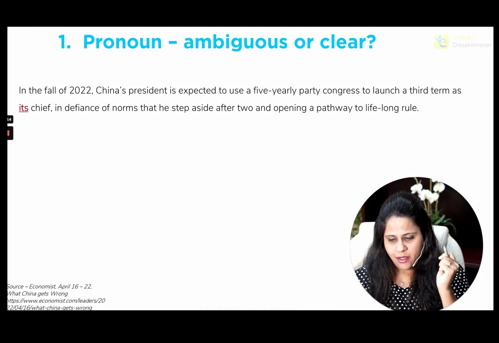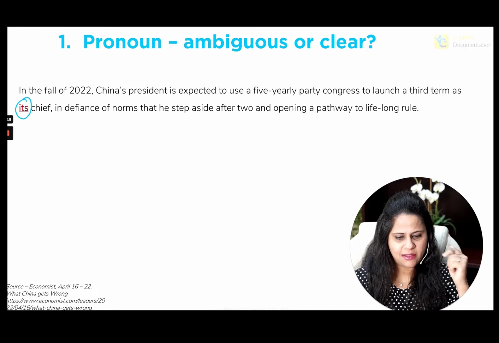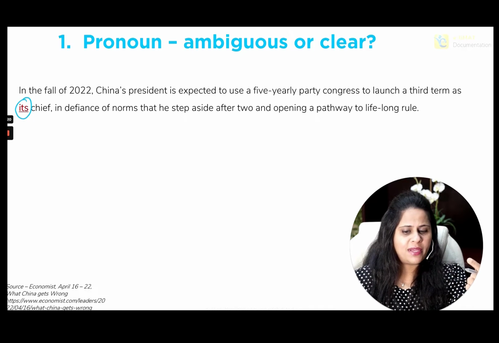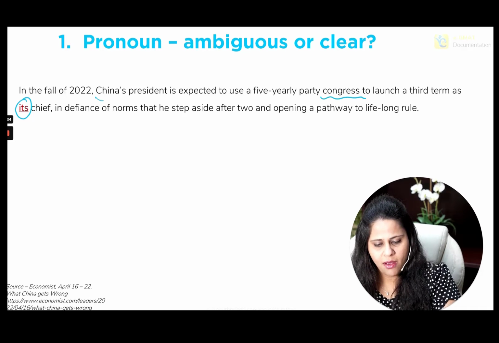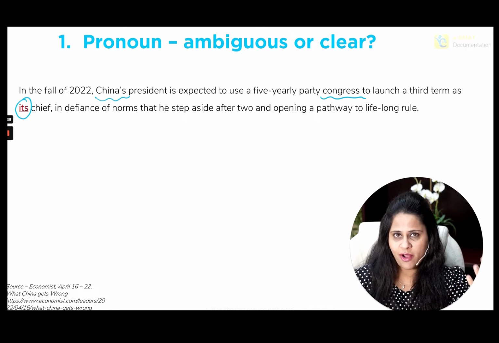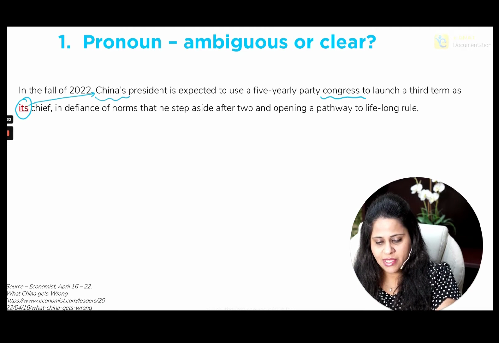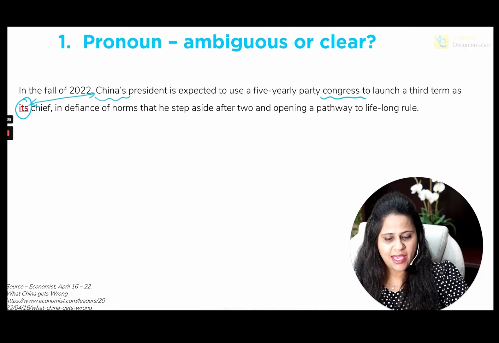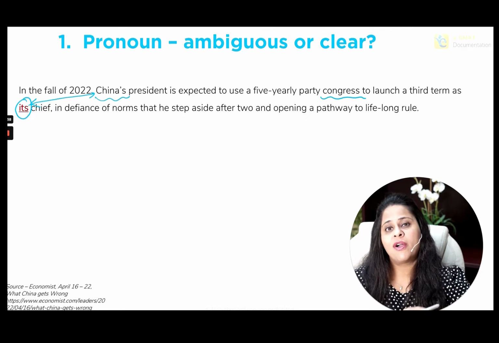So let's first take a look at this pronoun here, "its." When you were reading the sentence, did you even for a moment think whether "its" could refer to Congress, or does it refer to China's? Frankly, it was very clear from the context that it refers to China. There is no reason why you would say that China's president is expected to launch a third term as Congress's chief.